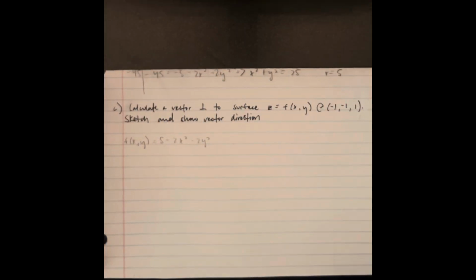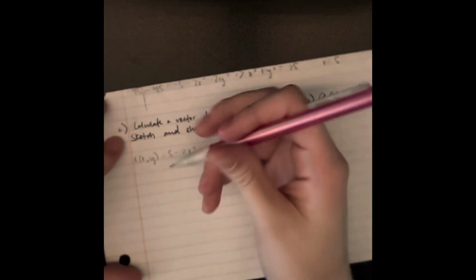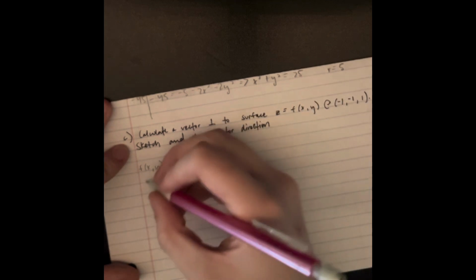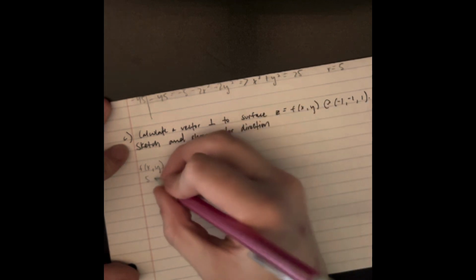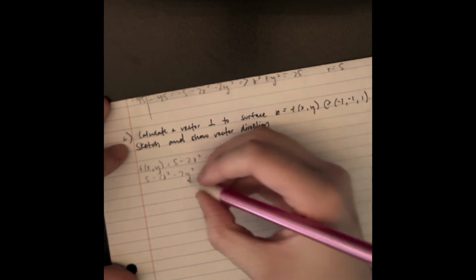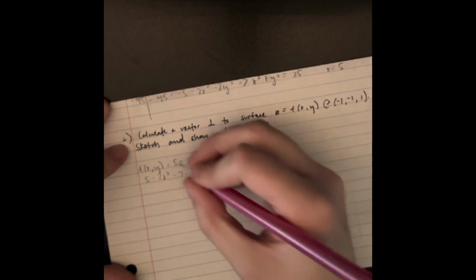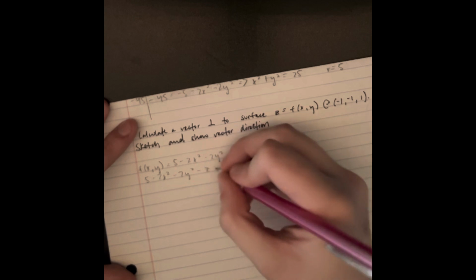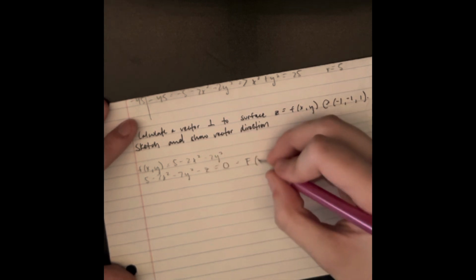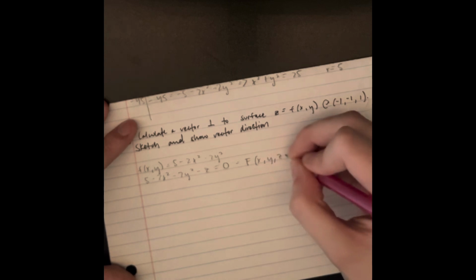So for our purposes, to calculate a gradient vector for 3 dimensions, we are going to look at this as, instead, 5 minus 2x squared minus 2y squared minus z equals 0 equals big F of x, y, z.